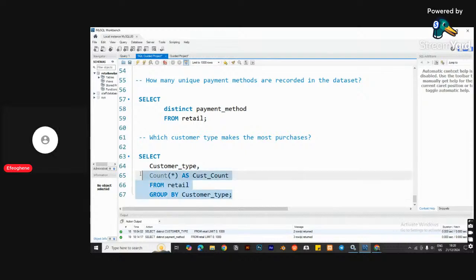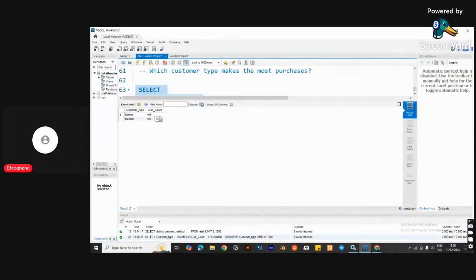Hope it's correct. We can still order it, but remember, by default it orders it as in the order. So you can see the members.